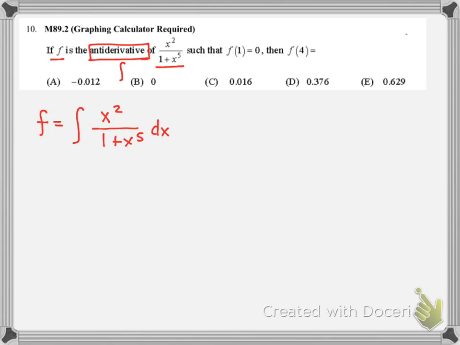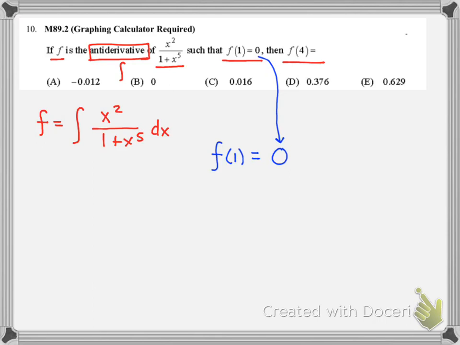Then they've told us f of 1 equals 0, and they want f of 4. So the other thing that they're saying in this question is that f of 1 would be whatever we started at, and in our case we're going to start at 0, because that's what f of 1 is.